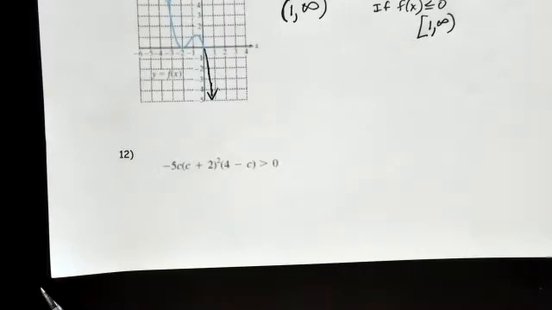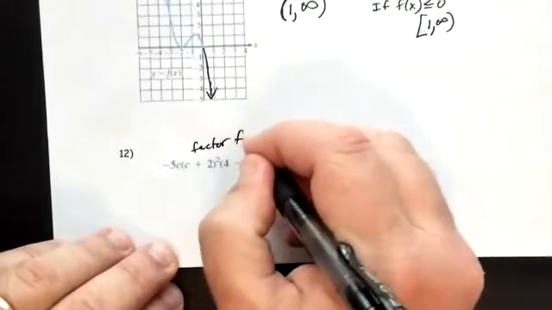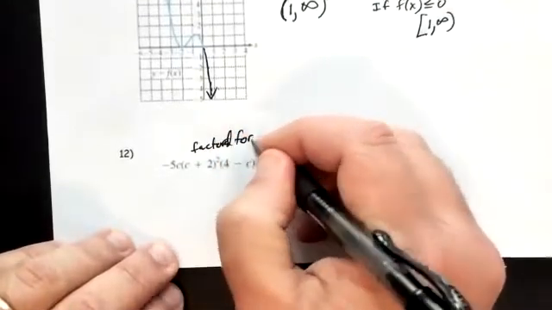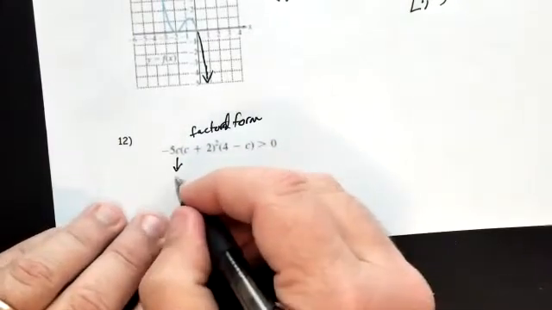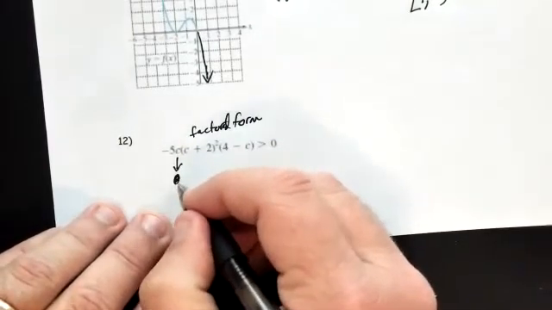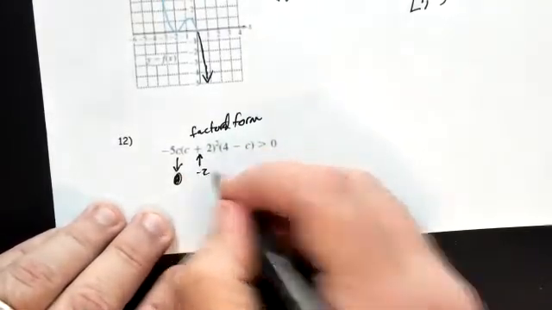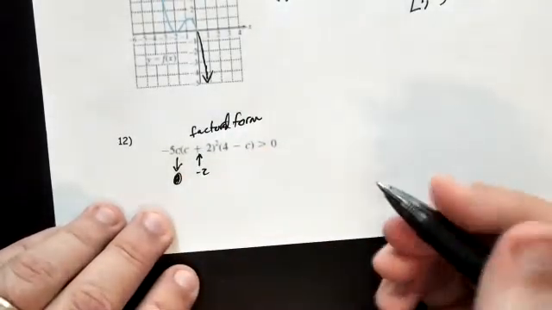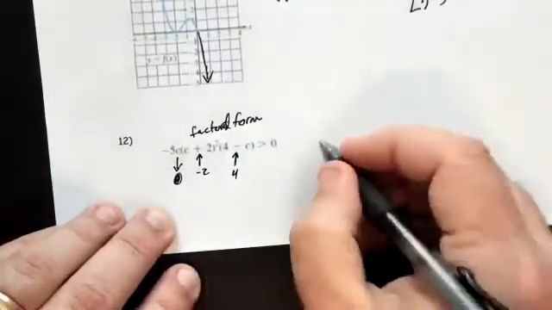So what we're going to do, this is already in factored form. And factored form is what I want it in, because what we're going to be able to do is say, okay, this C here would be 0. This C here would be at -2, happens to be a double root, but that's not going to matter too much. And this C here, to make that 0, would be a 4.